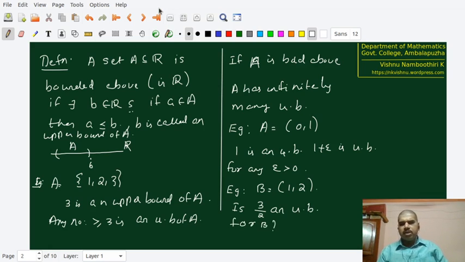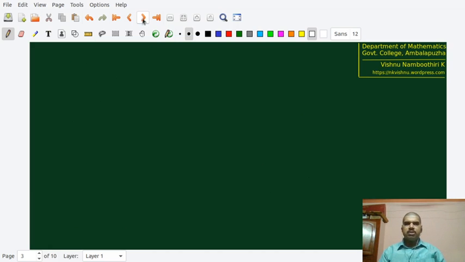We can easily see that 3/2 is not actually an upper bound. If 3/2 has to be an upper bound, then every element in B must be less than or equal to 3/2. But that is not actually the case, because suppose that we choose 3/2 plus 2 and take the half of it.